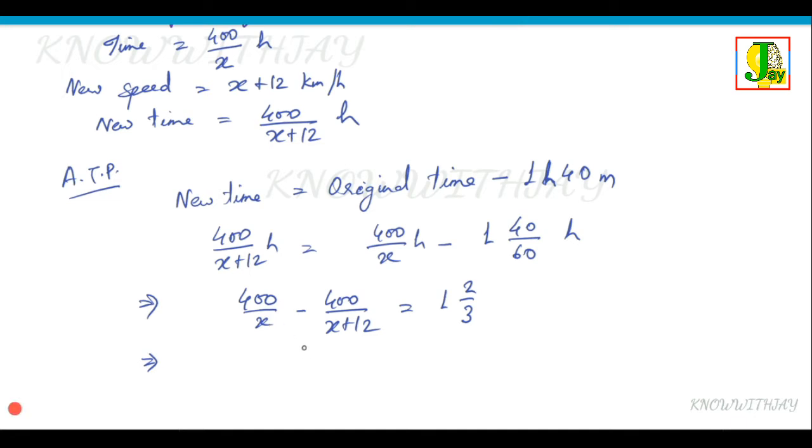You've got the expression, you just need to convert it to a quadratic equation. So taking LCM, x into x plus 12, similar to the previous one, equals 5 by 3.